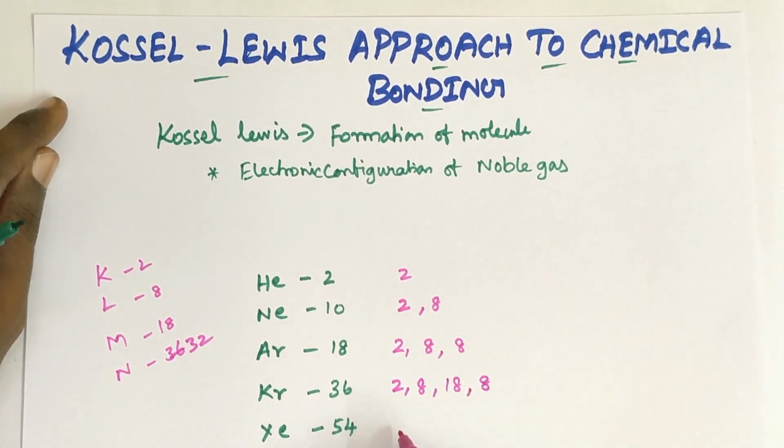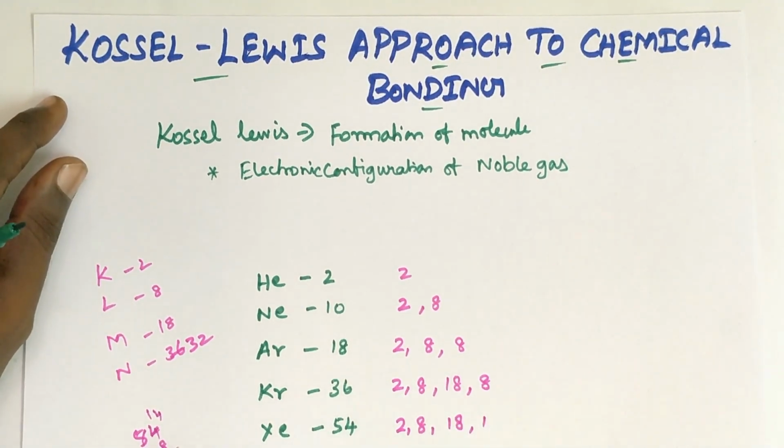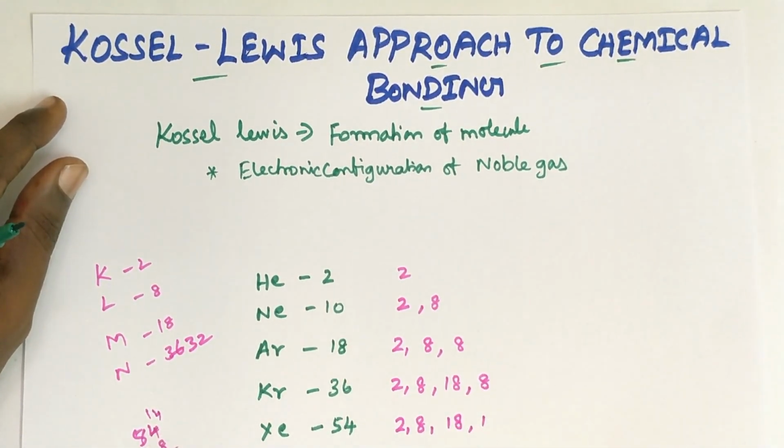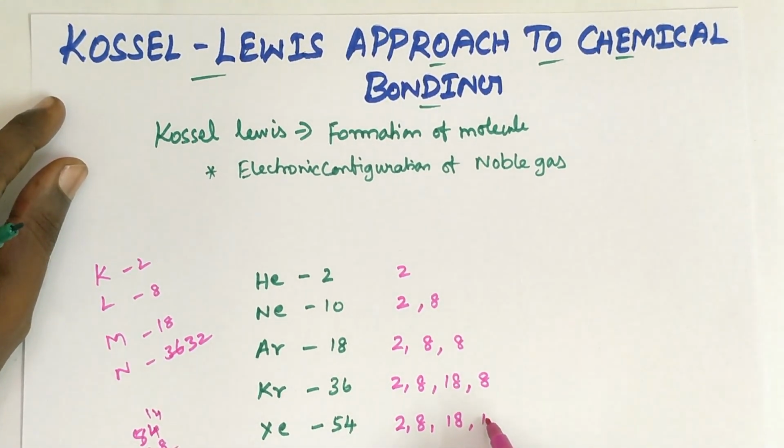In case of xenon, 2, 8, 18, that means 10, 28, so out of 54 the balance is 16 electrons. These 16 electrons split as 8, 8.